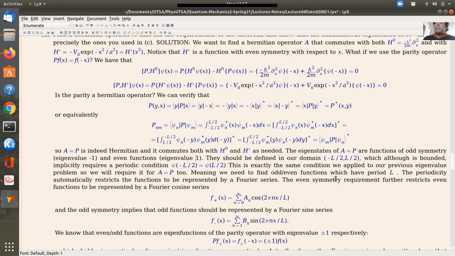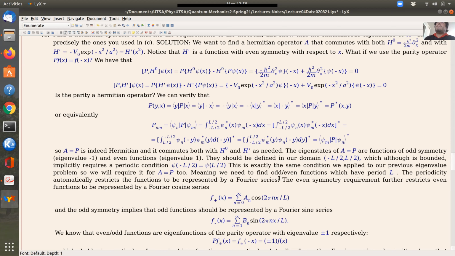What does this requirement mean? It means we need to find odd or even functions which have period L, because they must be periodic. The fact that they have to be periodic restricts the functions to be represented by a Fourier series.